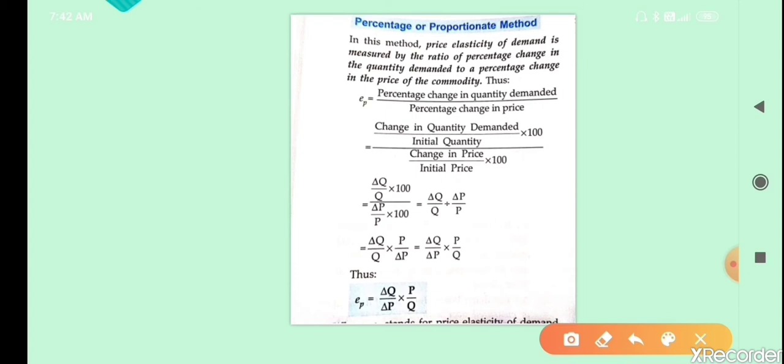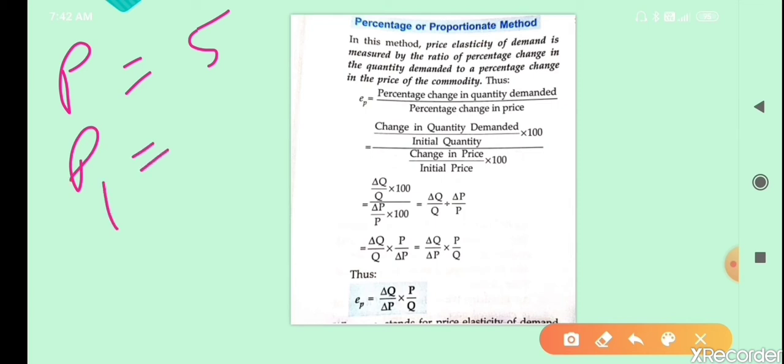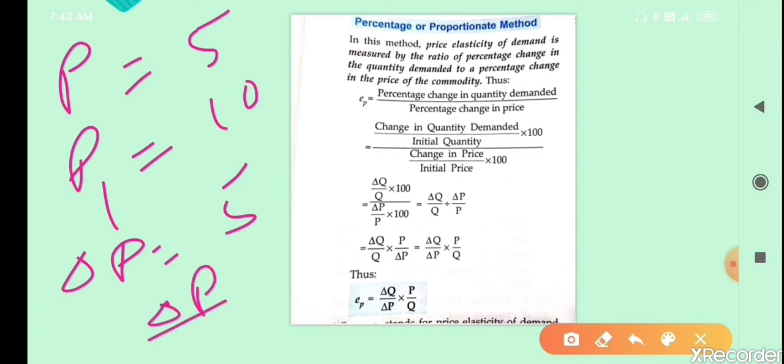Suppose the previous price P is equal to 5 and the new price P1 is equal to 10. So delta P will be the difference between P1 and P, that is 5. And if we have to calculate the percentage change, then it will be delta P upon P into 100.